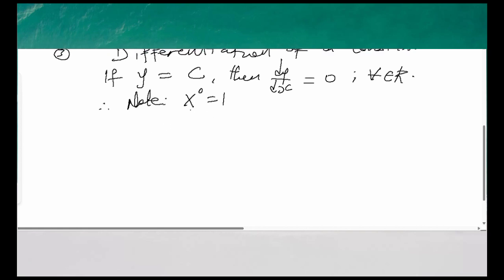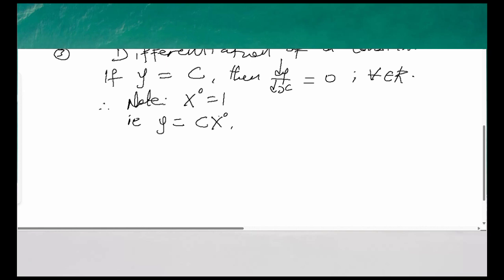So if, let's say, y is equal to c x raised to the power 0, because x raised to the power 0 is 1, that's why we see only c here. So when I multiply c by 1, I'm going to get c.